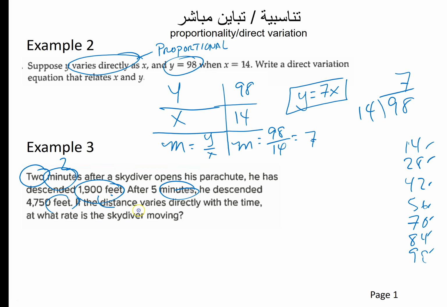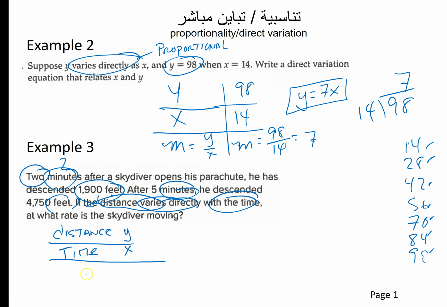It says if distance varies directly with time, so distance is my y, time is my x, and my slope is y divided by x.